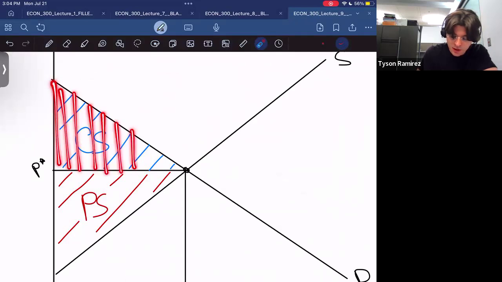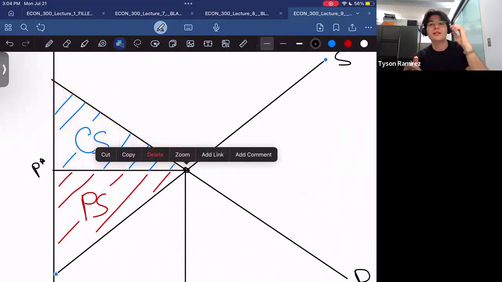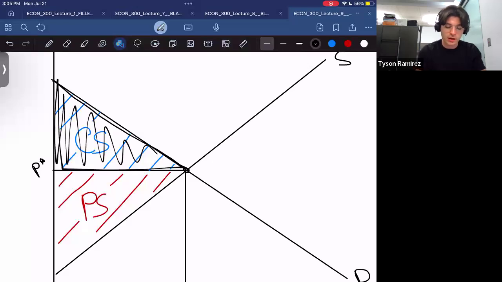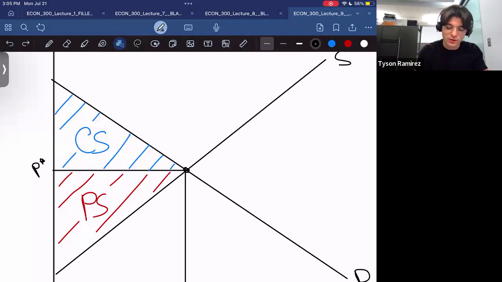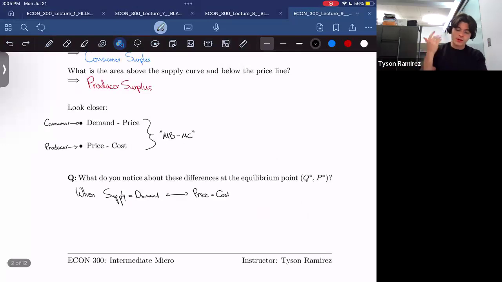And we just know that once we get right here, there's no more individual surplus. There's no surplus at the equilibrium quantity. But the total surplus that we've gained getting there, that for certain exists. I just wanted to give a little bit of intuition about things. So when supply equals demand, price equals cost.